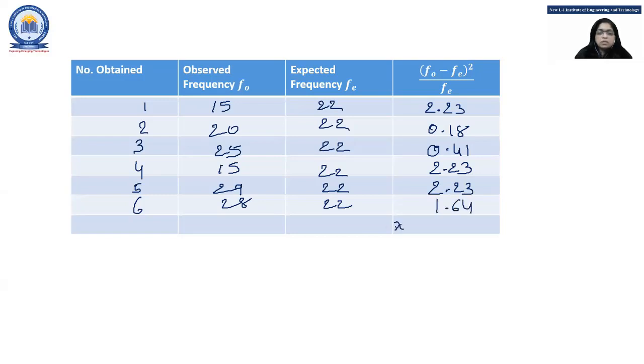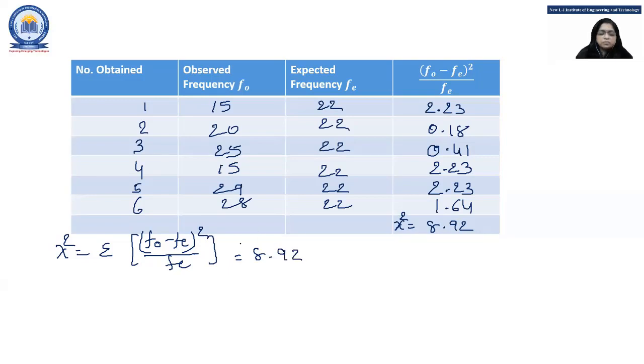So chi-square, that is the summation of this whole, is 8.92. So chi-square is equal to summation FO minus FE whole square upon FE, and that is 8.92.